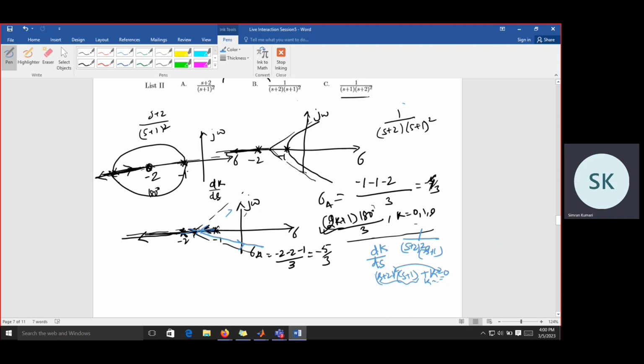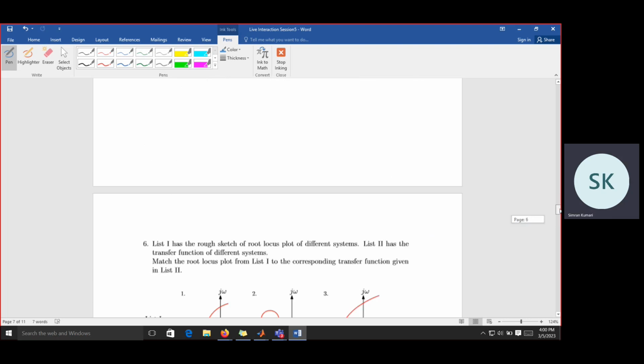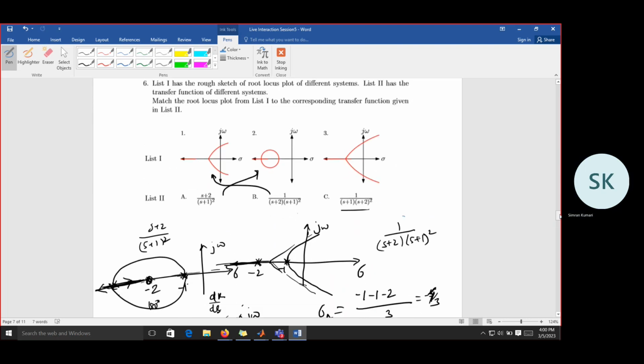Okay, so this whole thing, one is going like this, another is going like this. So from there we can say, okay, for this one, this is the root locus.